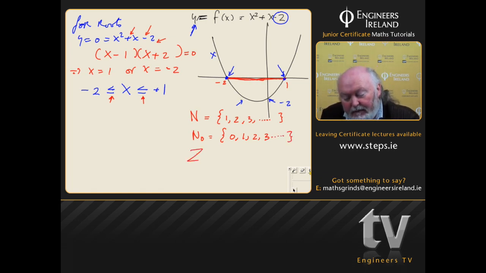The Z set, I always think in terms of what is it that the Z set adds in. It adds in all of these guys. It doesn't add in the 0.